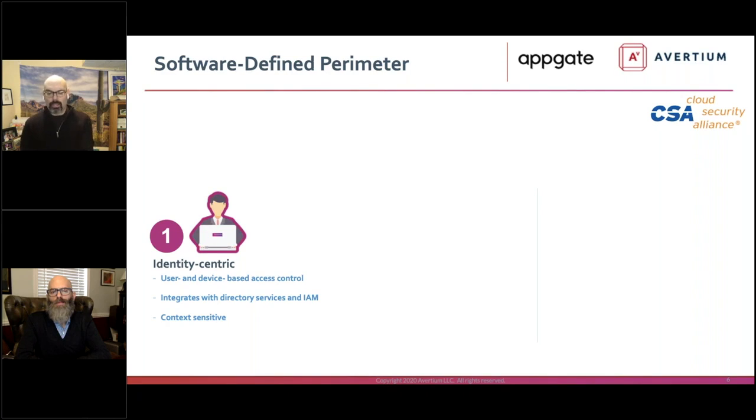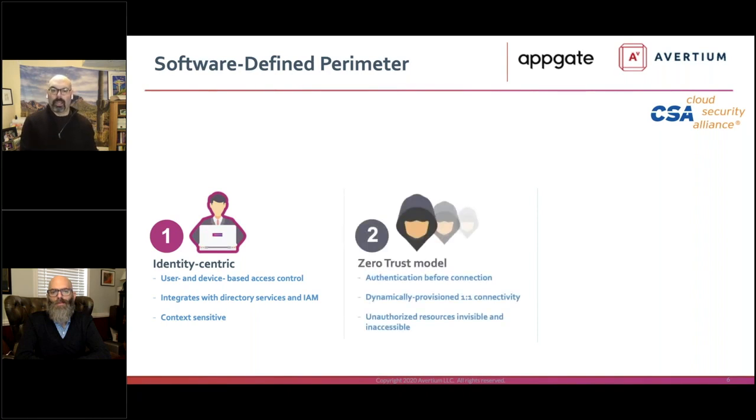In zero trust terms, this would be utilizing a policy decision point, or PDP, to decide what resources a given user should get access to. Go to the next build. It also, at a network layer, enforces and requires authentication before connection.